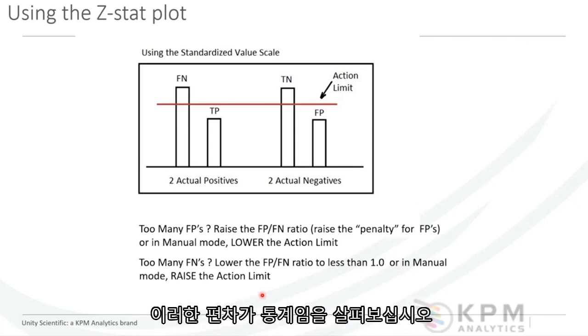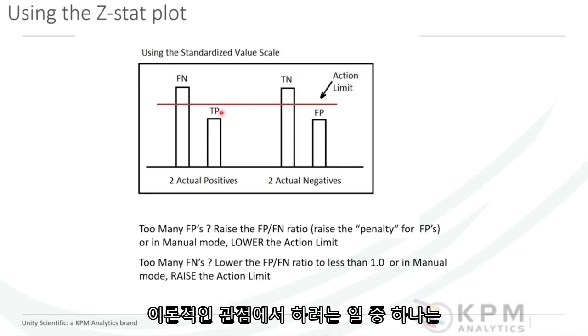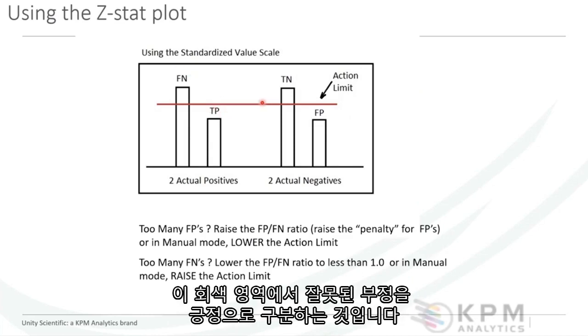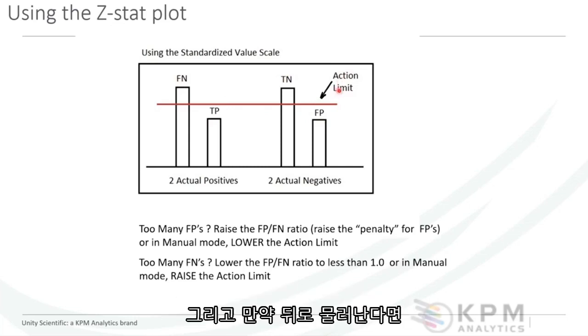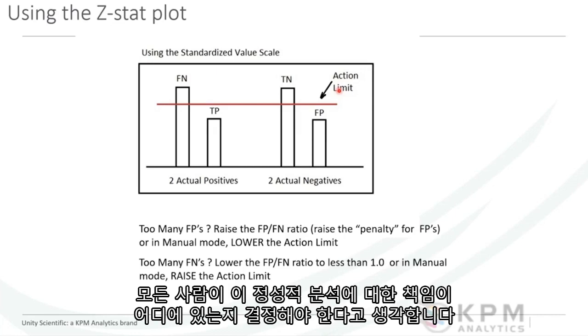So looking at those deviations or the z-stats, one of the things you're trying to do from a theoretical perspective is you're trying to figure out in this gray area between false negatives and true positives, or true negatives and false positives, where this action limit is. And if you step back, I think everybody needs to make a determination about where their liability with this qualitative assay is.